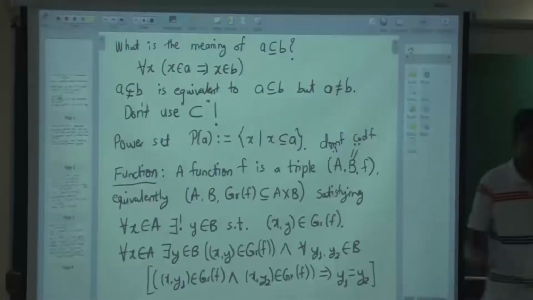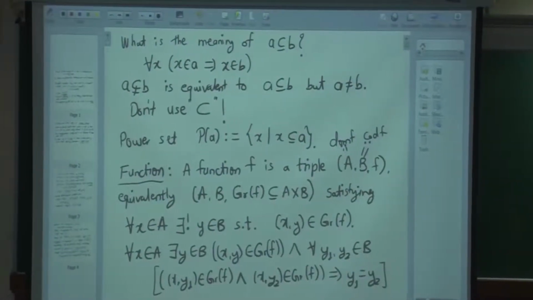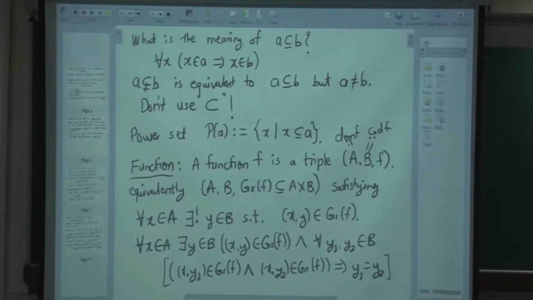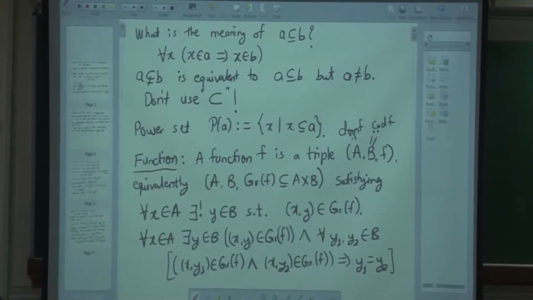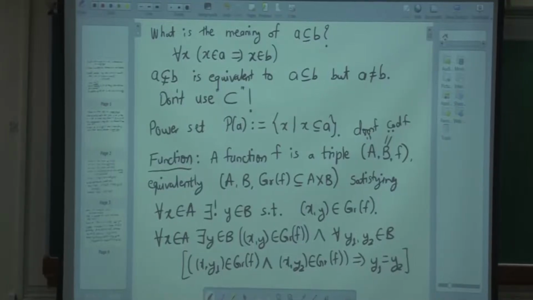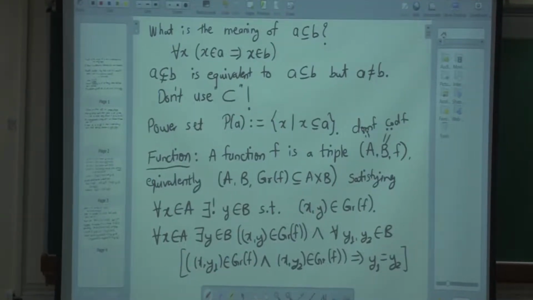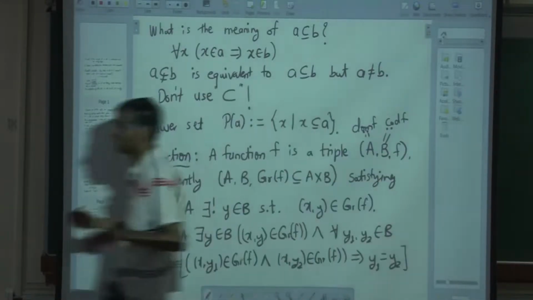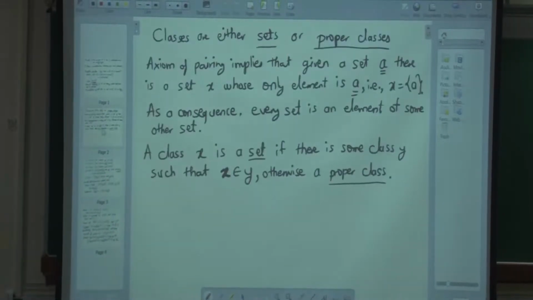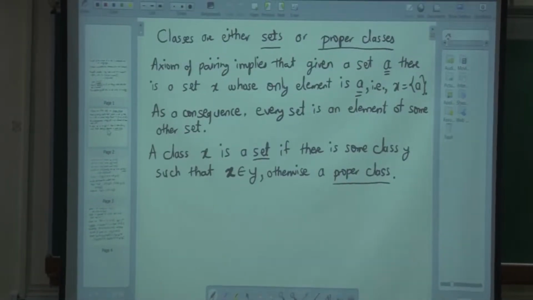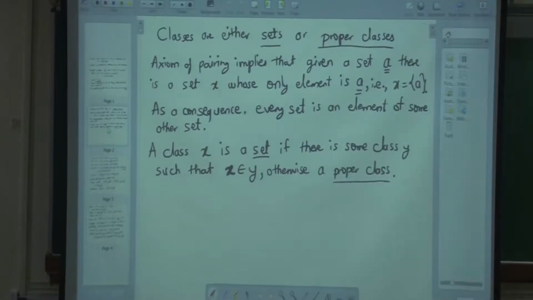So now graph of f is an element of the power set of A cross B, and therefore the collection of all such graphs is a subset of the power set of A cross B, which means it is an element of its power set. You remember that we said over here a class is a set if it is an element of something.